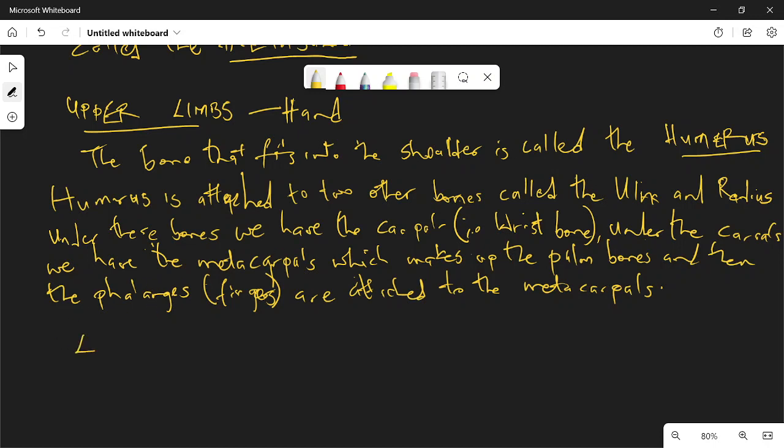And then in the lower limbs, that is the leg.